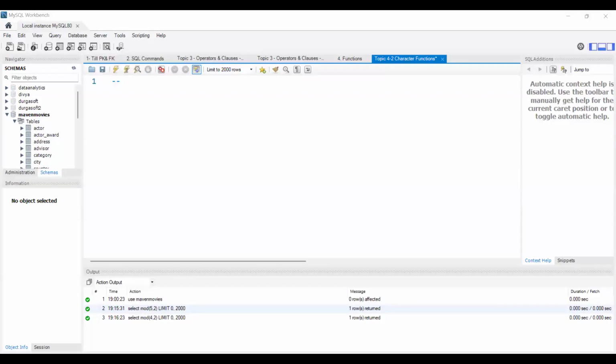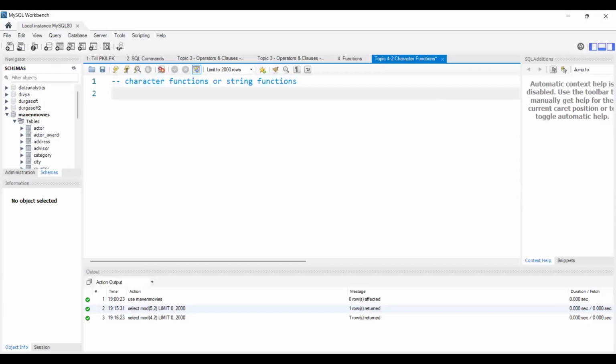All right, next we have character functions or string functions. In SQL, mostly we call them string functions. When it comes to Tableau or Power BI, or any visualization tool, we call them character functions. That's the reason I'm using two names here.